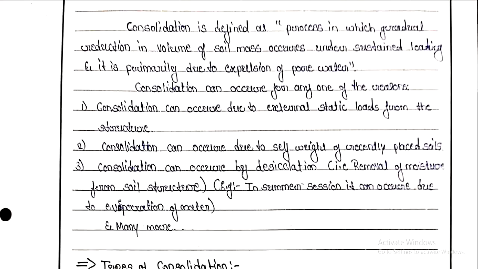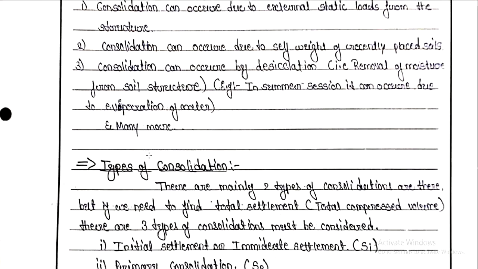It can occur by desiccation, that is removal of moisture from the soil. In summer season consolidation may occur due to evaporation of water. Many more reasons are also there.